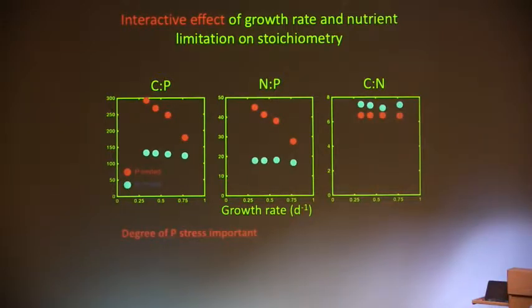Whereas we saw very little effect of N limitation across different growth rates. Basically, when they are N limited, the N to P and C to P ratios were largely constant. So what we found, at least with small phytoplankton, is that the key to understanding the elemental composition of a small phytoplankton like Synechococcus is P stress and the degree of P stress.